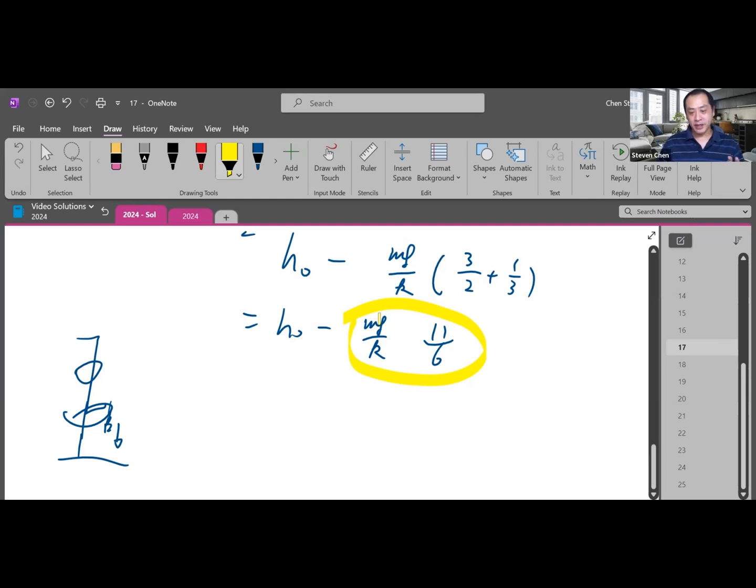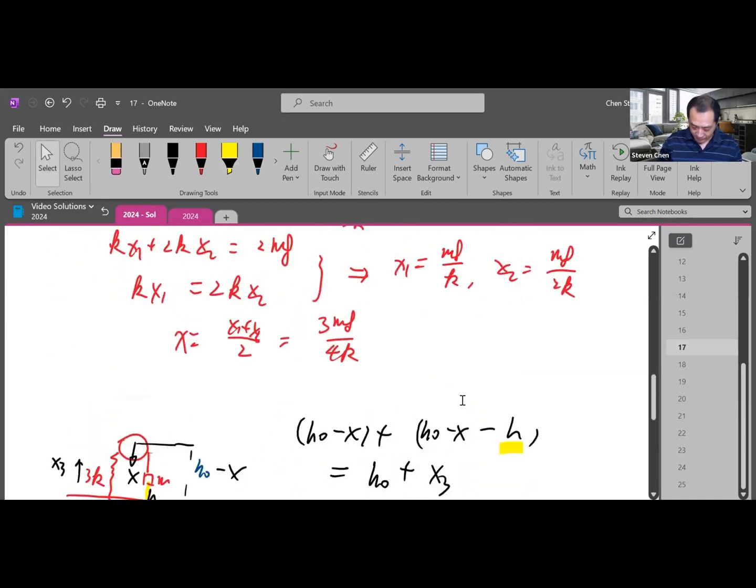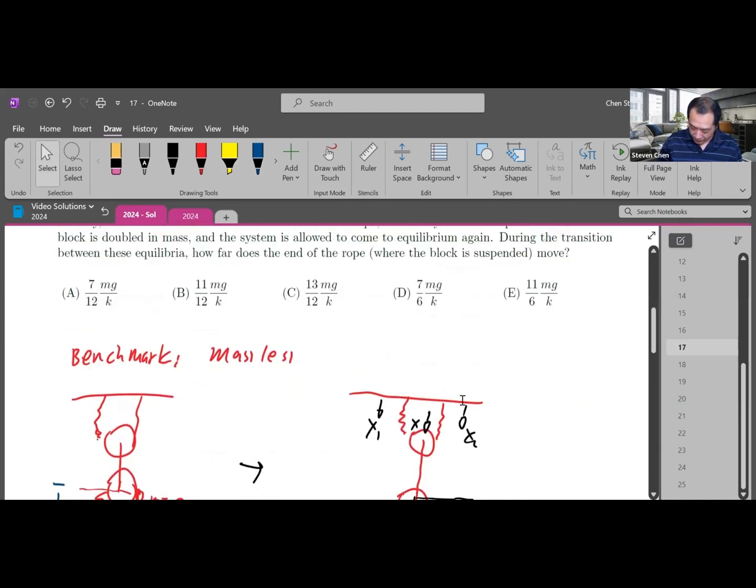So this problem asks us to compare the two cases. One is the mass is m, another is the mass is 2m. So we'll need to compute their difference. Their difference is simply equal to this number. So this is the answer. Then E is correct.